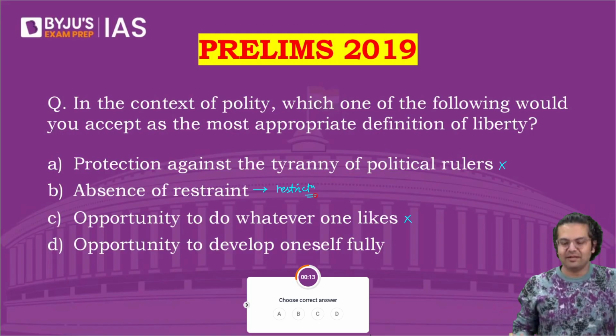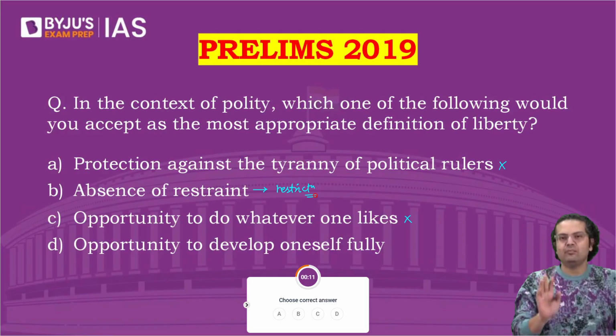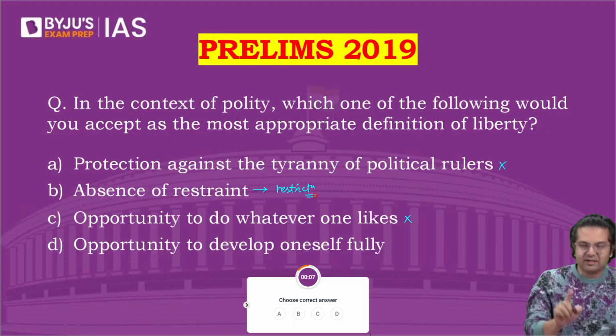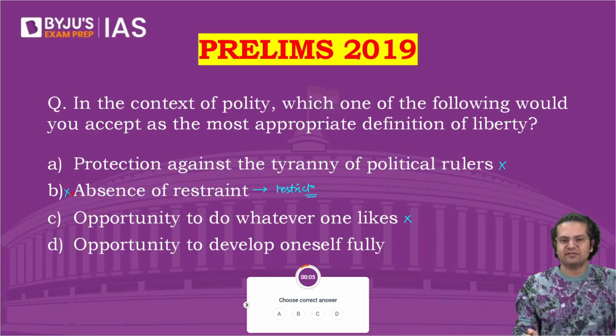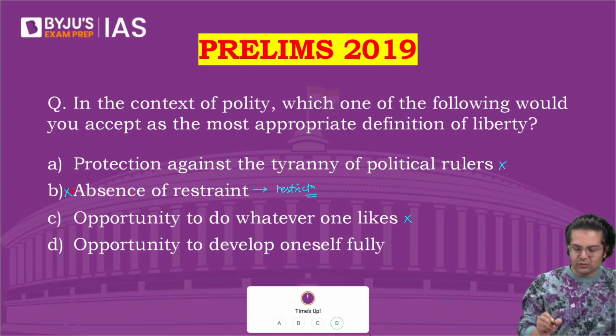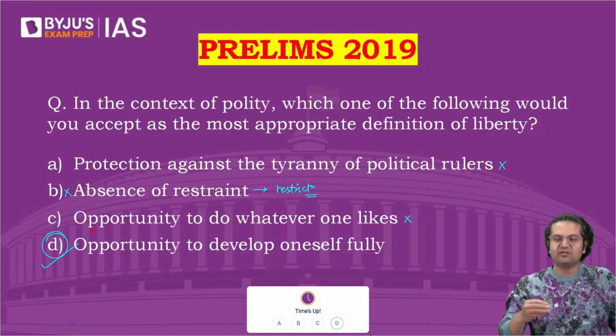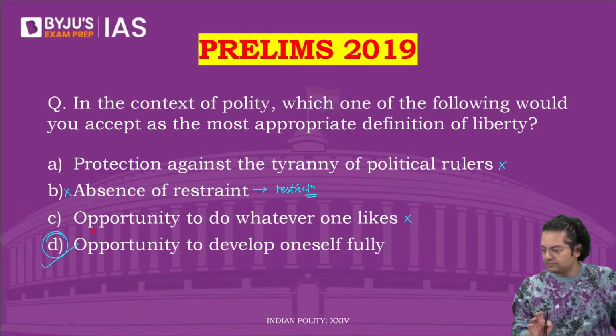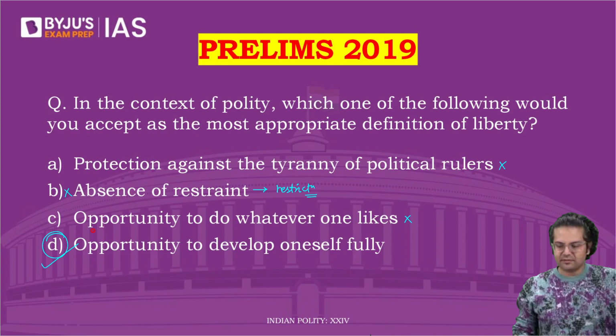That's not possible. I just explained liberty has two meanings. Absence of limitations would not be a very appropriate thing to understand, especially in modern context. That is why the opportunity of growth, avenues for development is what is seen as true liberty. Clear? So D is the answer.